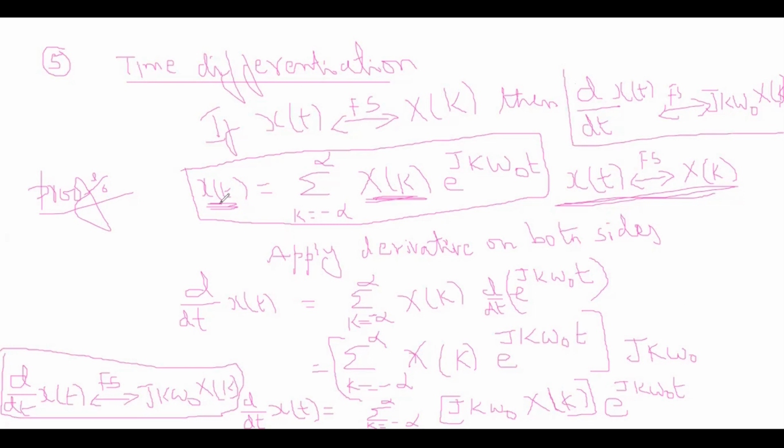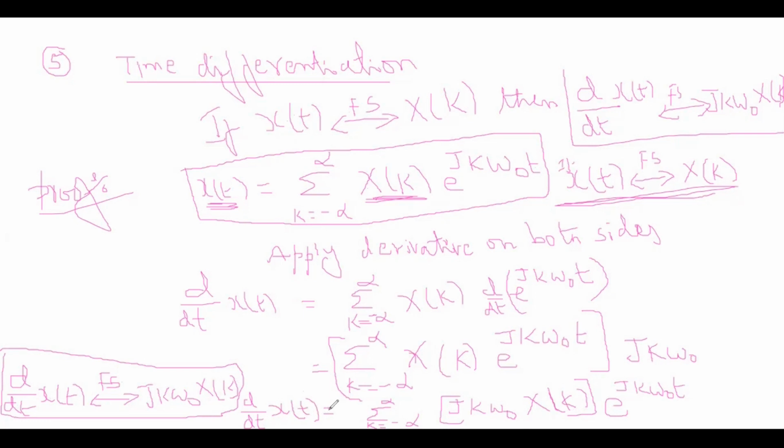Following, my dear students, x of t equal to the sum of k equal to minus infinity to infinity x of k e power j k omega naught t is the synthesis equation when x of t has Fourier series x of k. The same thing here also: if the d by dt of x of t has Fourier series j k omega naught x of k, that satisfies this equation.